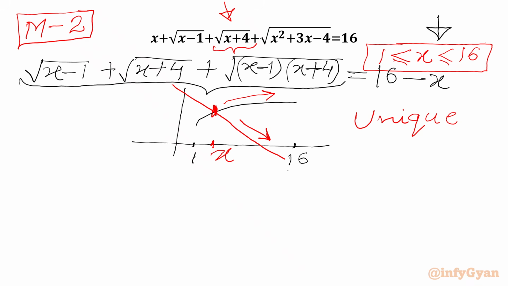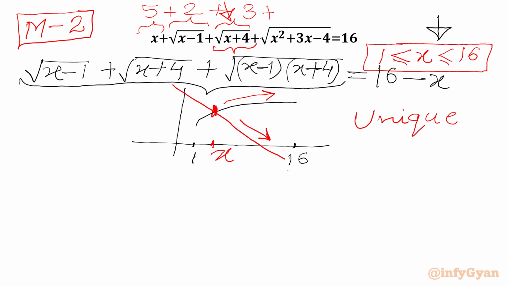If we pick x equal to 5, we are going to get square root 9 over here, which will be equal to 3. Square root of 5 minus 1 would be square root 4, value will be 2. This is 5. 5 plus 2 plus 3, and here we will check x equal to 5, 25 plus 15.